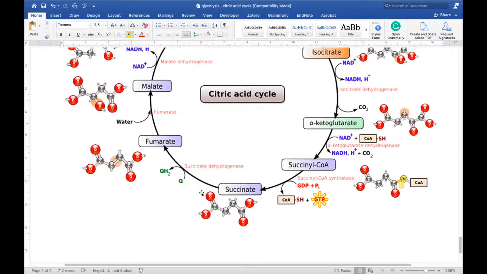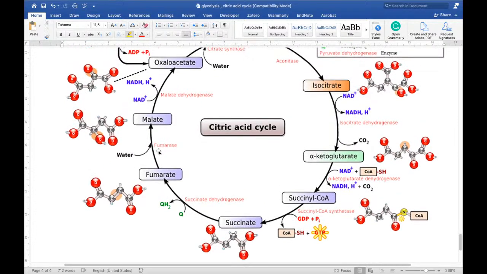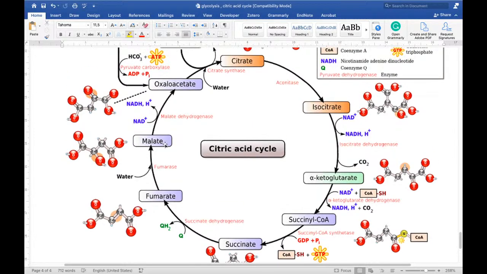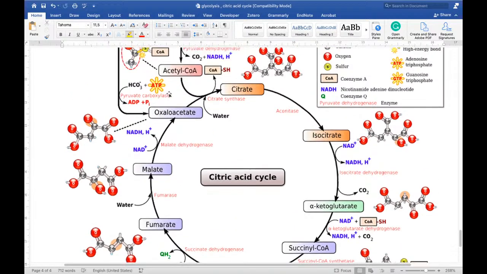From this succinate, with succinate dehydrogenase, we will have fumarate, and then from fumarate, with the addition of water and the presence of the fumarase enzyme, we have malate. Then again NAD plus is reduced. In the presence of malate dehydrogenase, it will produce oxaloacetate, OAA. Then in the presence of water, with citrate synthase, it will produce citrate.